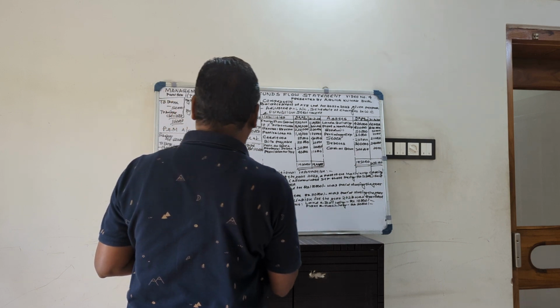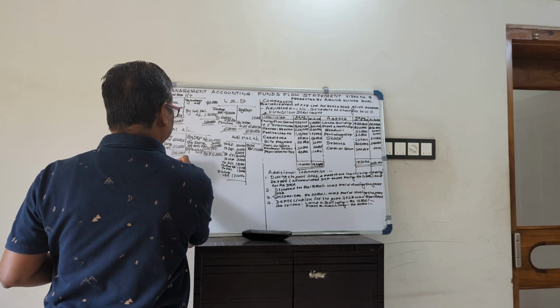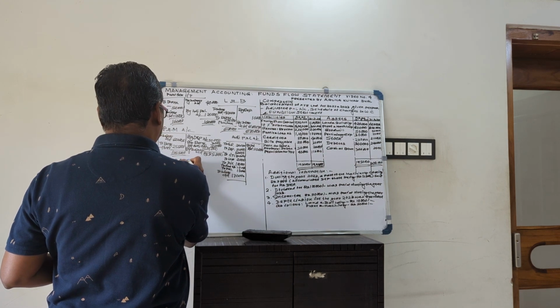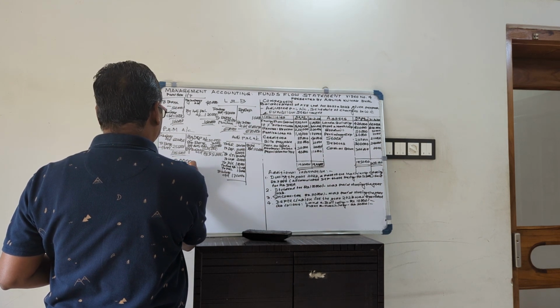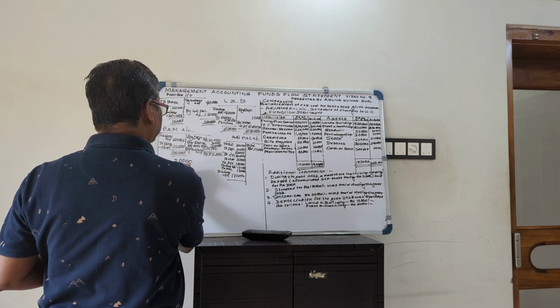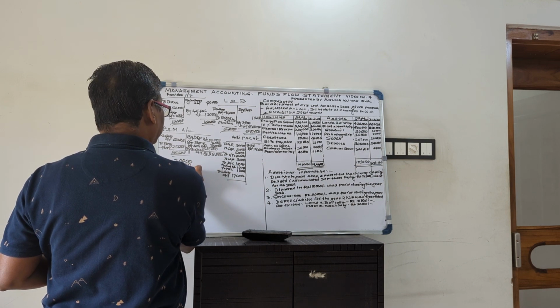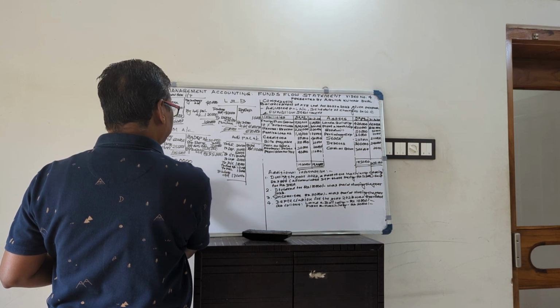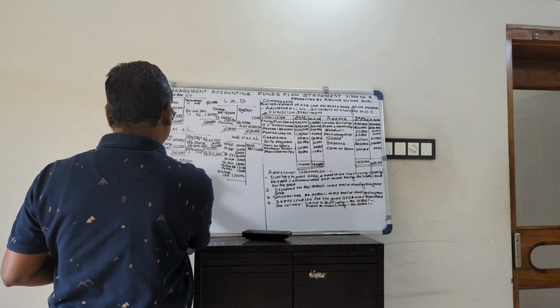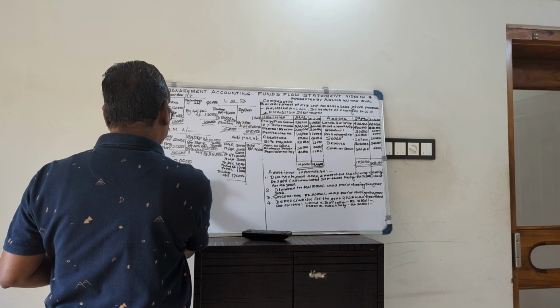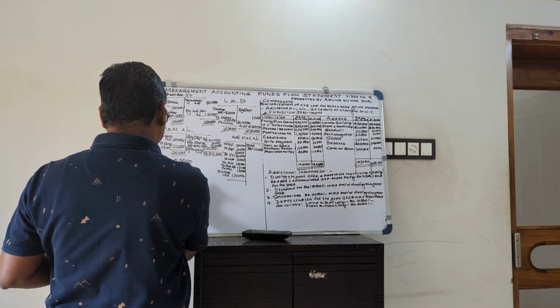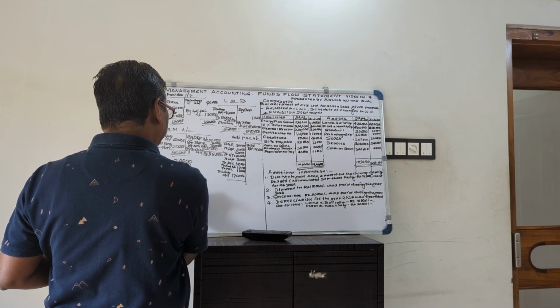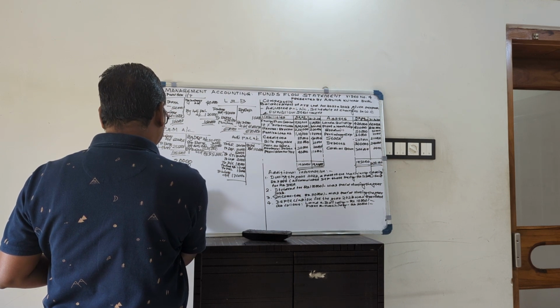So we will make the total of the debit side: 20,000, 10,000, 50,000, 1,20,000, loss 2,000, dividend 1 lakh, goodwill 10,000, preliminary expenses 10,000, closing 1,70,000.